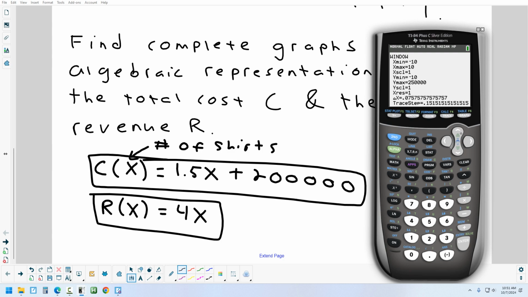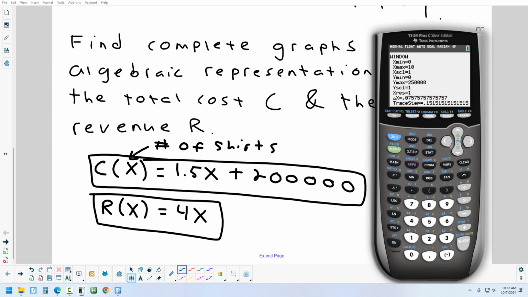And as far as my cost or my revenue, I would never have what kind of number? Yeah, there's no negative cost, there's no negative revenue, so we don't need to look below 0. X is the number of shirts we make. What's the smallest number of shirts that we could decide to make? Yeah, you could make 0.